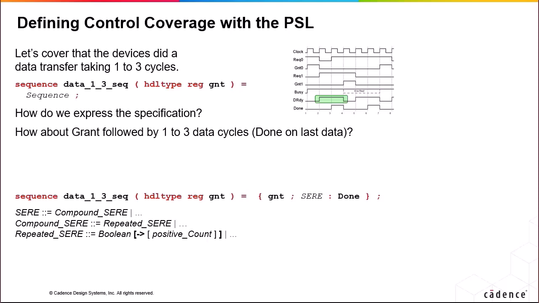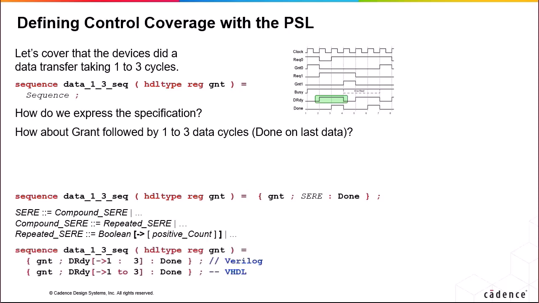The repetition can be in consecutive cycles, in cycles that may or may not be consecutive, thus termed non-consecutive, although consecutive cycles also fit the non-consecutive definition, and a variant of non-consecutive repetition termed go-to repetition. The go-to repetition limits the number of potential matches, which in pure non-consecutive repetition can be infinitely many.